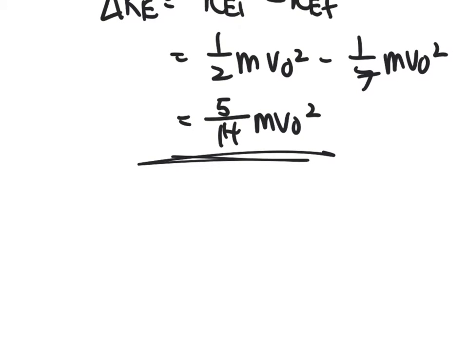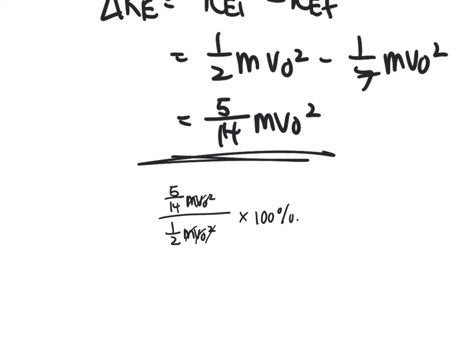So our difference, 5 over 14 mv naught squared, divided by the 1 over 2 mv naught squared, times 100%. Since we have a lot that can cancel out here, we're just left with 5 over 14, multiplied by 2.